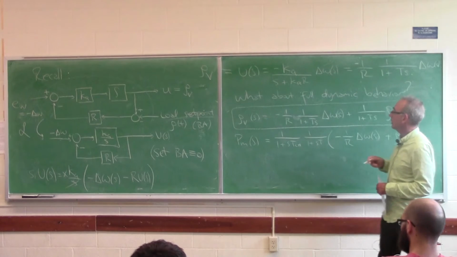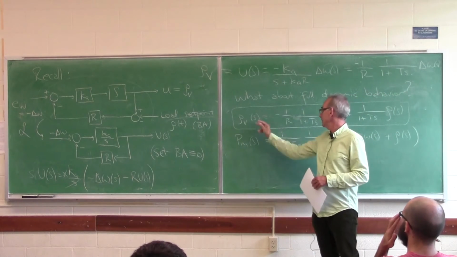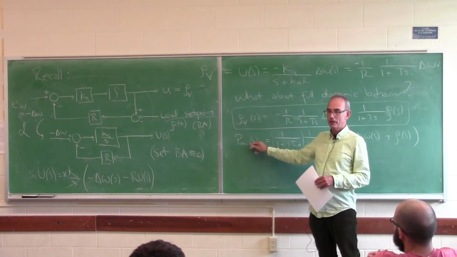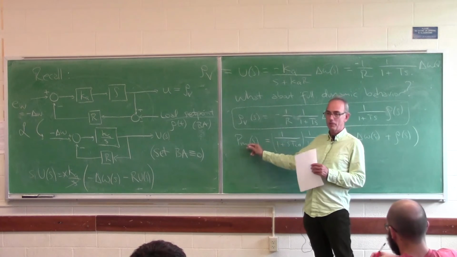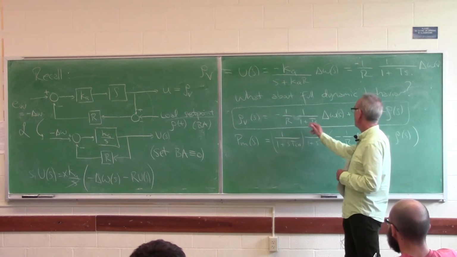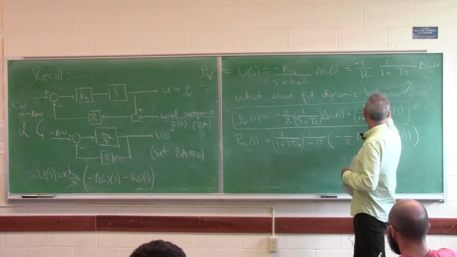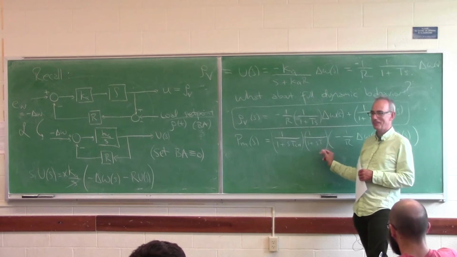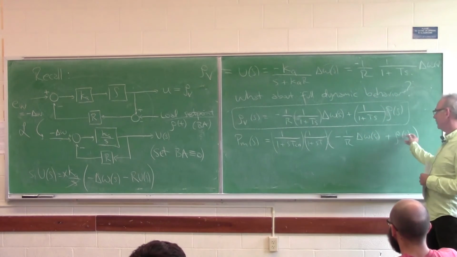So I've done two things here. Again, multiplying this by this transfer function allows me to relate the power to valve positions. I've taken the 1 plus TS outside and said ST is TS. And then I have this.